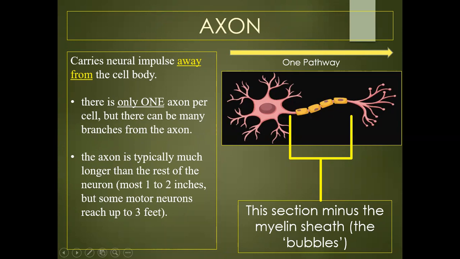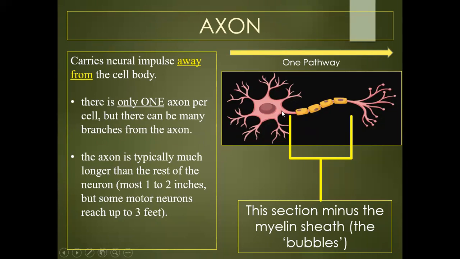Notice a couple things on this particular graph. Hopefully you can see this arrow here under the axon. Notice I have up here one pathway going from the left side to the right side. The only entry point into the neuron is through the dendrite. It goes from the dendrite only to the soma. It then goes from the soma only to the axon hillock.